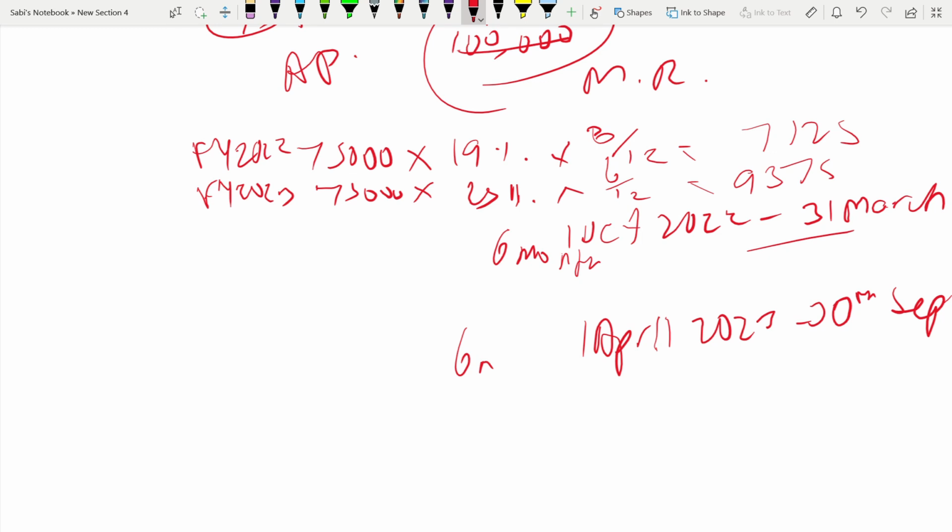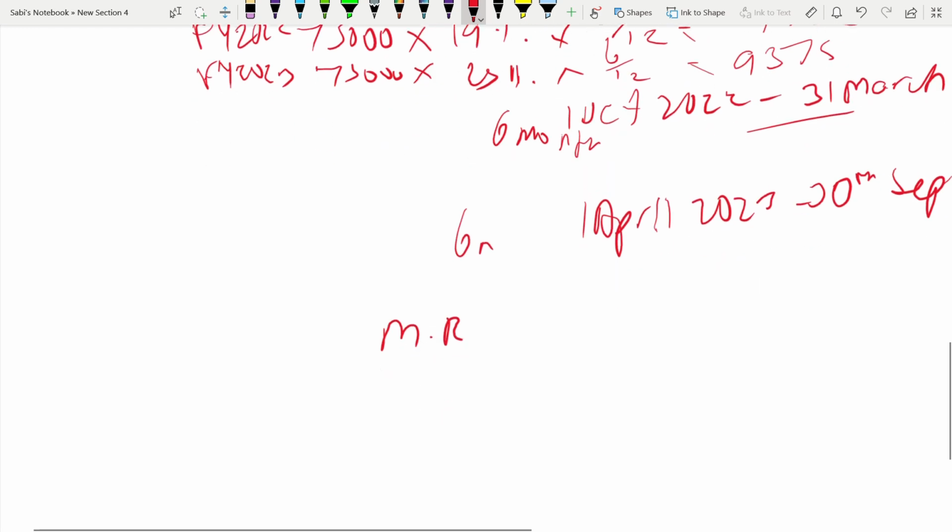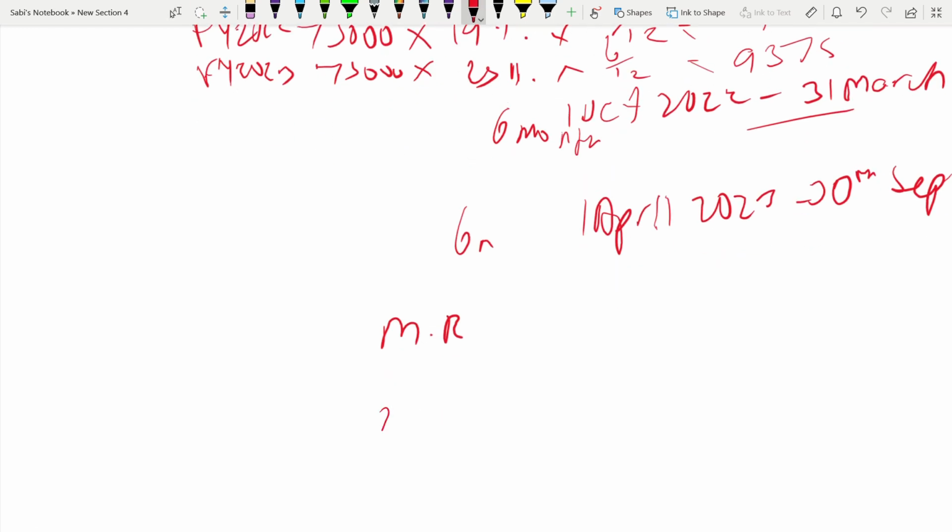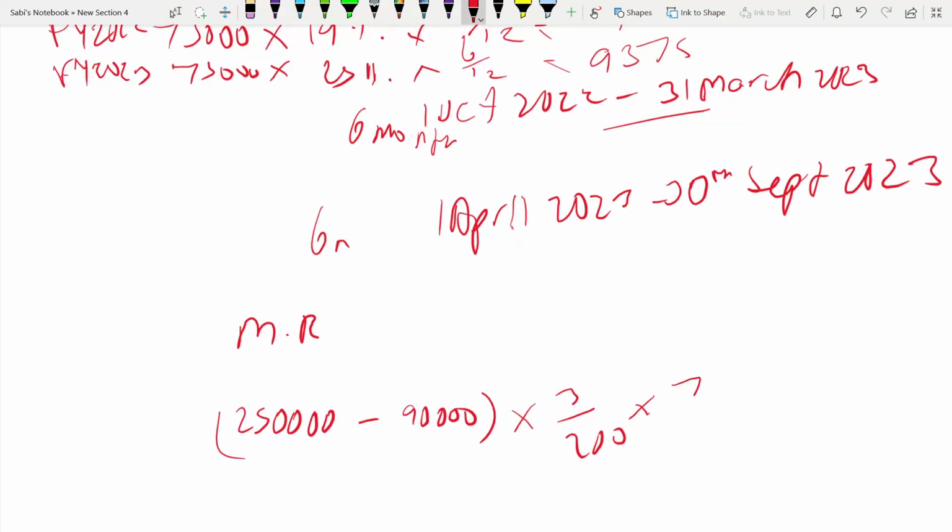How do you get your marginal relief? Marginal relief is the upper limit 250 minus the augmented profit 90,000. See, the more you apply the formula, the more it stays in your head. Standard fraction 3 divided by 200, this is fixed, into the TTP. TTP is 75,000, divided by augmented profit 90,000, into which you only have to take for 6 months.